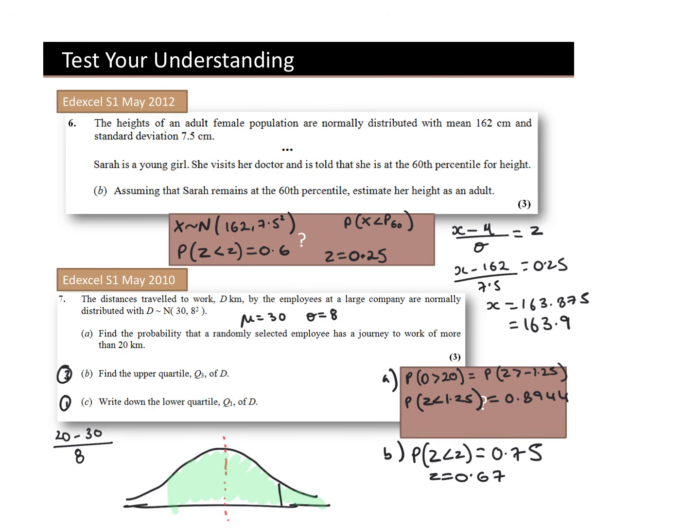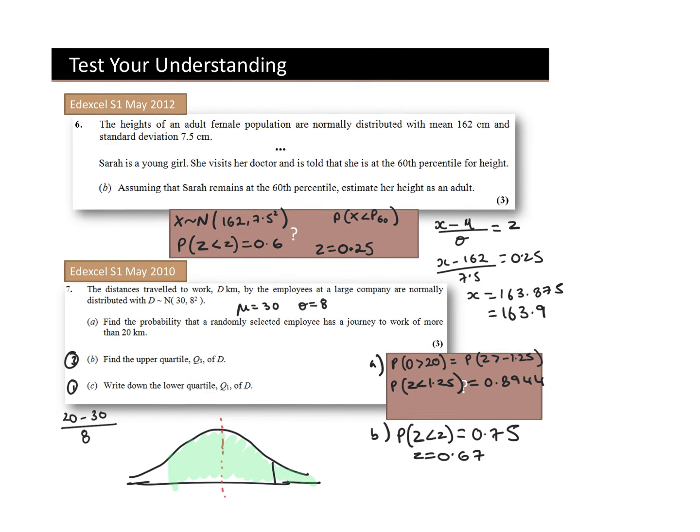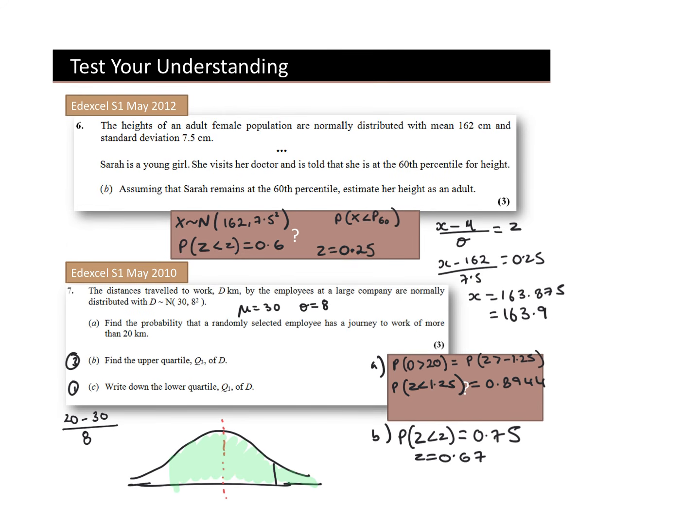Okay, now it says write down the lower quartile. Oh no, we haven't finished, sorry. Right, so we found our Z value. So now what are we going to do with our Z value if we're finding the upper quartile of the distance? Does anybody know?